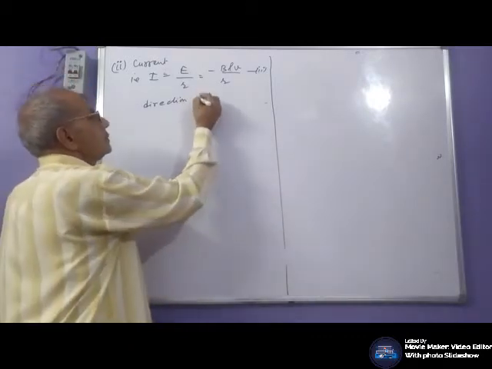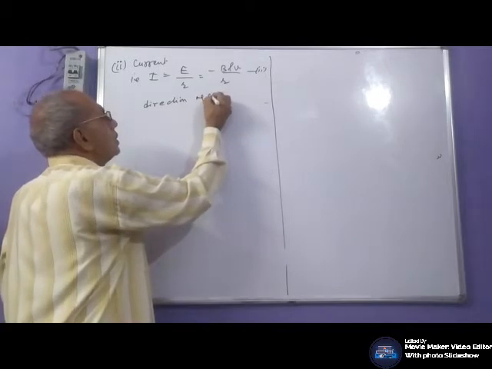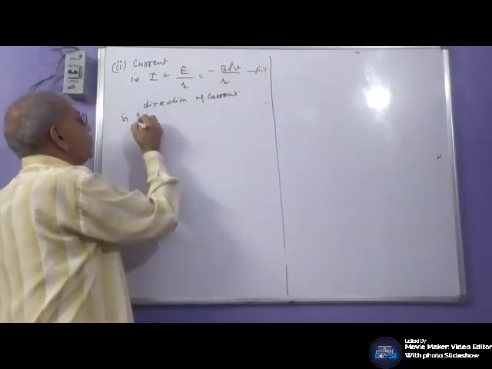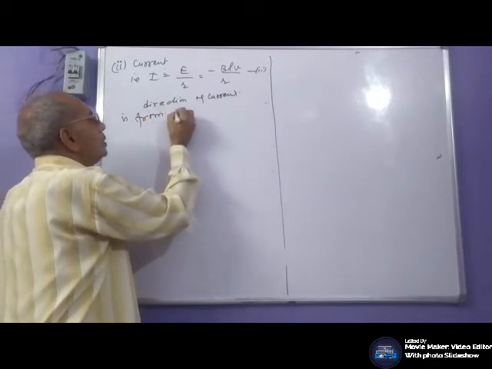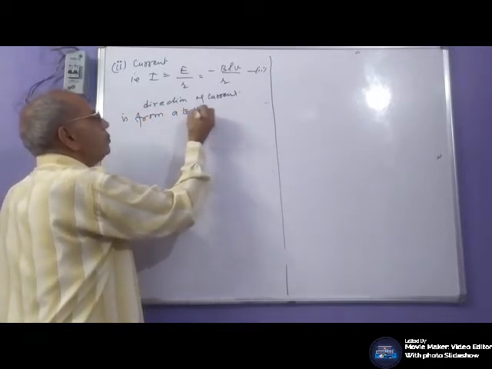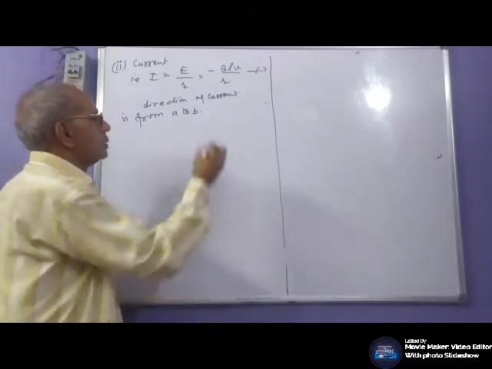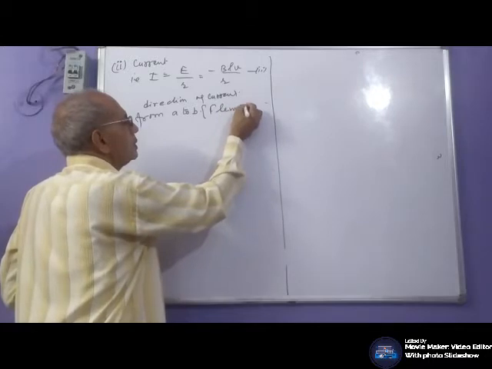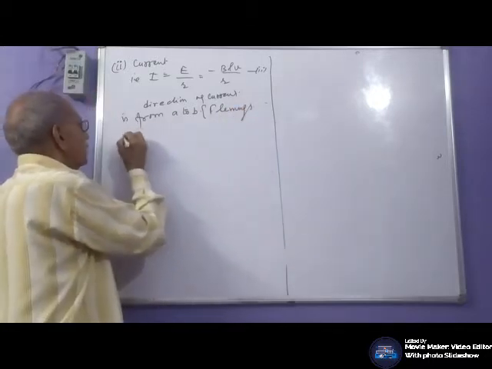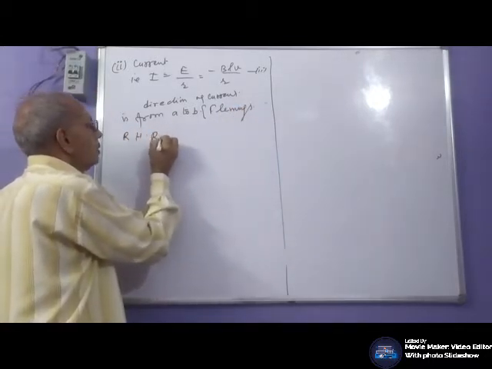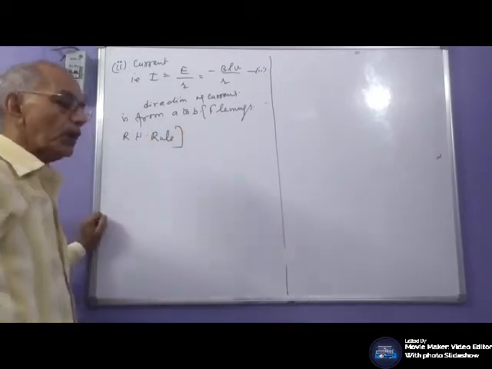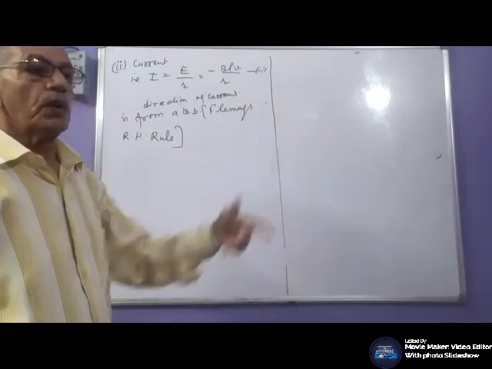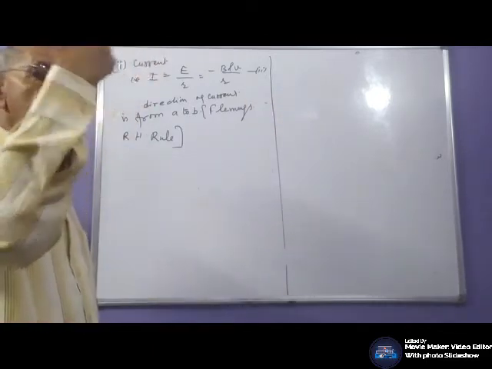So direction of current is from A to B. Fleming's right hand rule: when there is induced EMF, this rule.